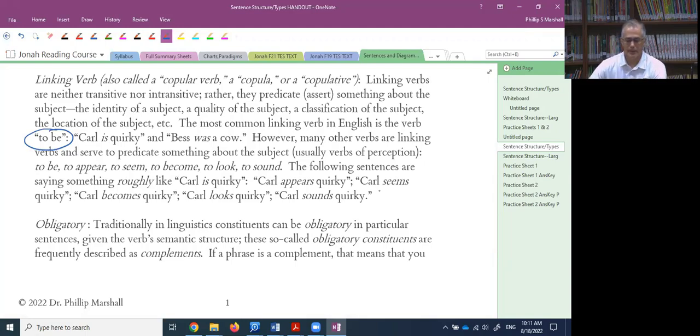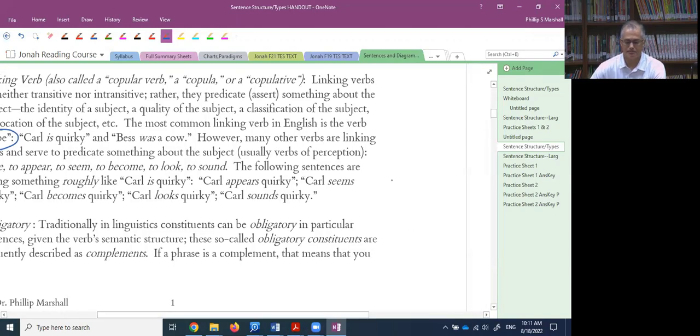All right. Now, just to draw a little bit of a finer point on this, take the verb to appear. It can also be an intransitive verb, not a linking verb, but an intransitive verb. The verb to appear can also mean to become visible, like out of nowhere, as in Carl appeared.